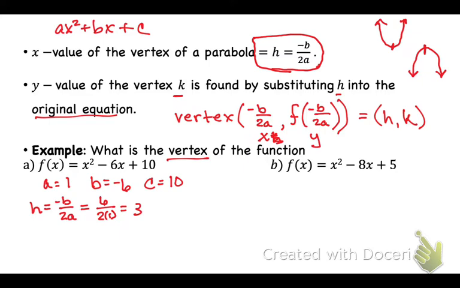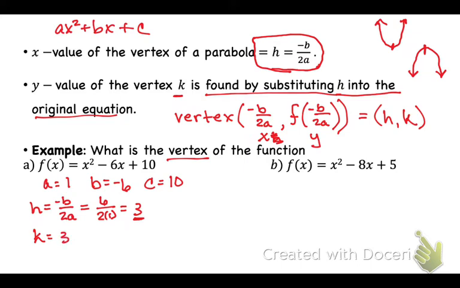Okay, so now that I found my h, I have to find my what? K. How do I find my k? Substitute it into the original problem. So k equals x squared, well, what's my x? 3.